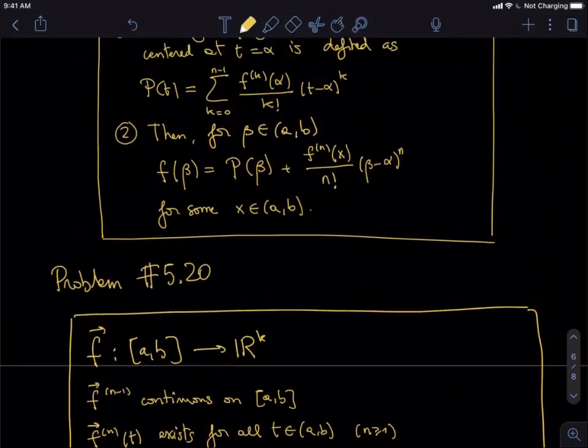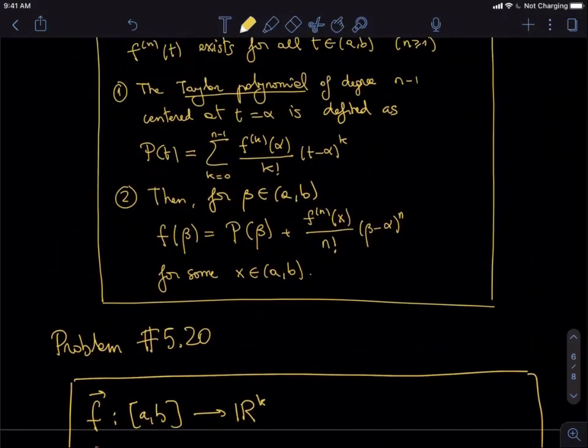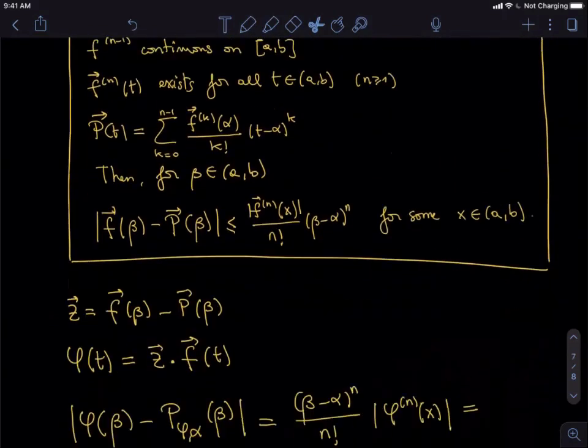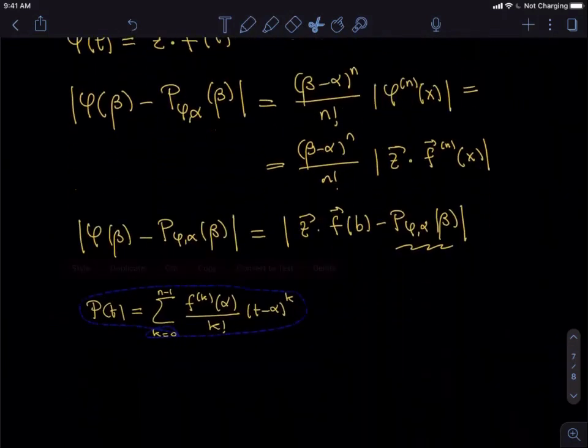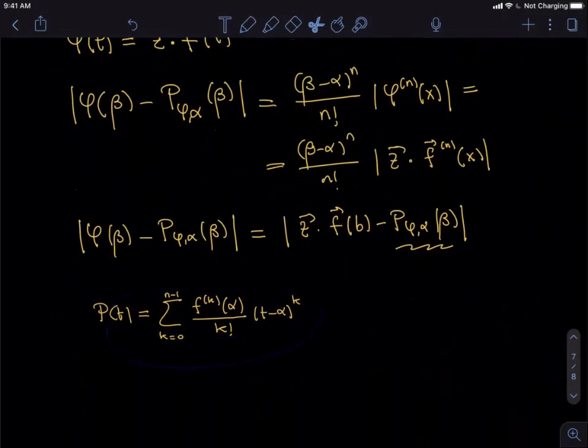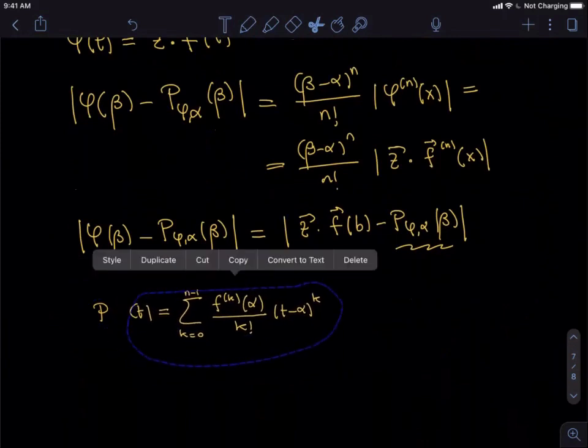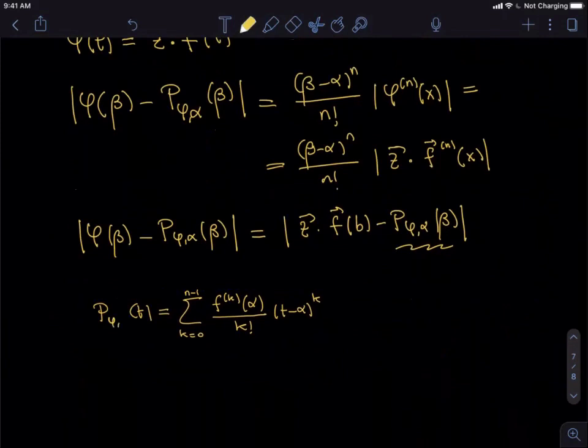So let's go here. Okay, let's write it down carefully and let's see what we can say. We want it at beta. Okay, so if it's for phi, I need to put phi wherever I have an f.